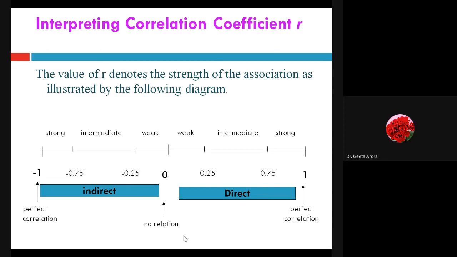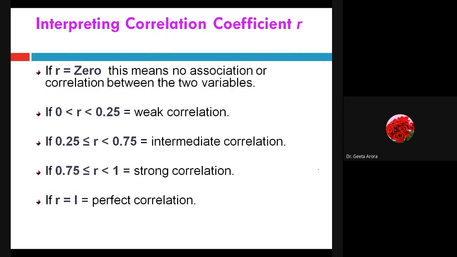If we are getting 0, it is no correlation. And in between we have mentioned when it is intermediate, it is called weak, either positive or negative. Here is a chart that you can learn, or we can see in the theory part: R is 0 means there is no association or correlation between the variables.